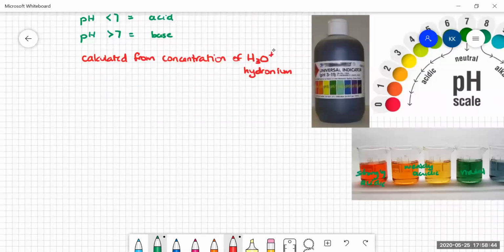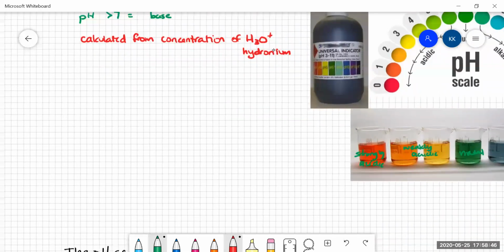It's actually a logarithmic scale, so pH is calculated by minus the log of the concentration of H3O+. We've used those square brackets to mean concentration for a while now.